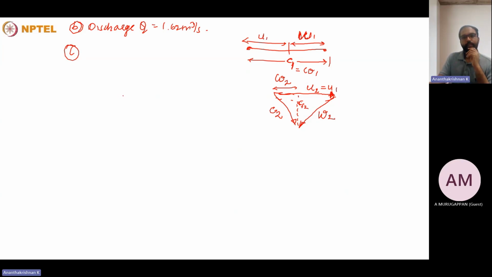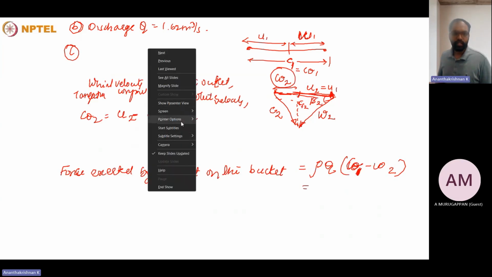So we need to calculate the force exerted by the jet on the buckets. That will be the same as the change in momentum experienced by the jet. In order to calculate that, we need to calculate the relative velocity of the fluid at the inlet as well as the exit. It's actually the difference between the whirl velocities at the inlet and the exit.